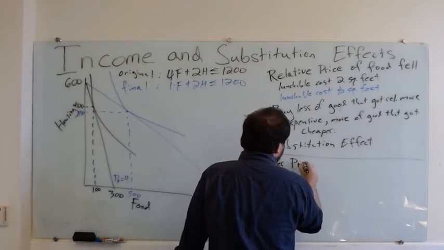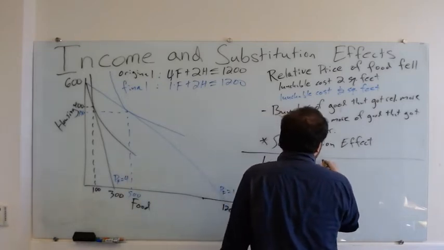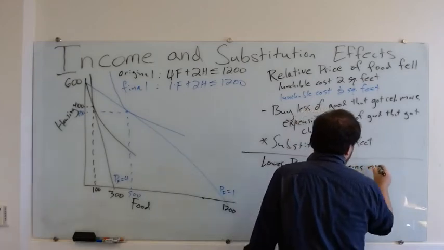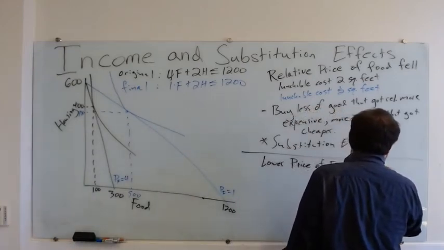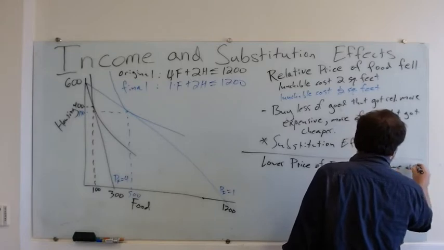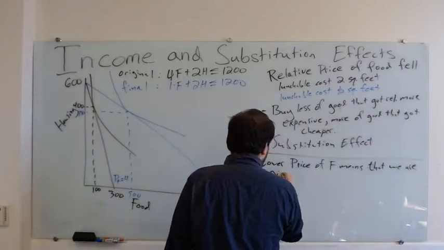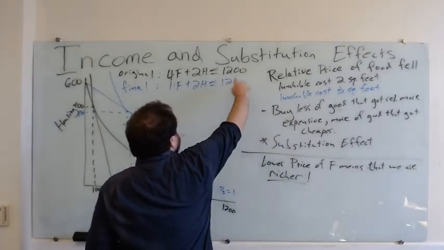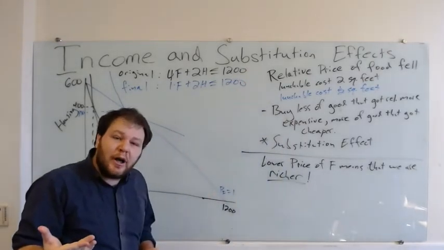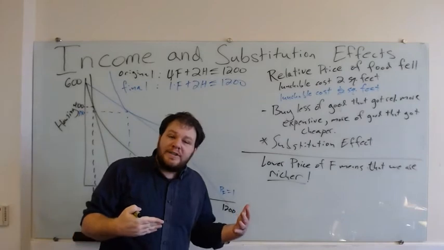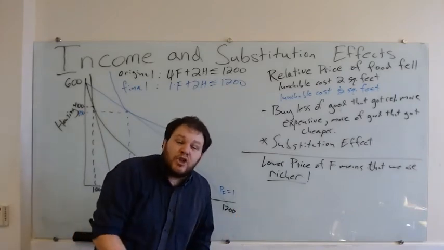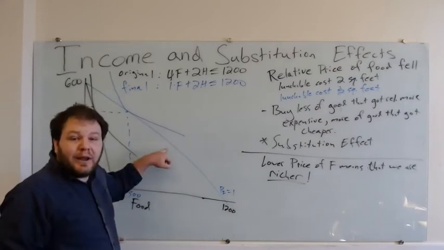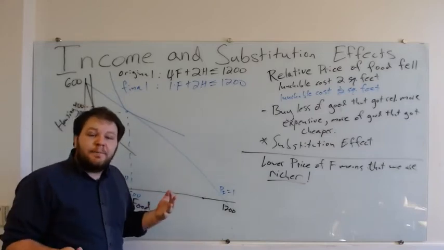So the lower price of food means that we're effectively richer. Right, and crucially, our dollar income didn't change at all. We had $1,200 before, we have $1,200 now, but we're still richer in a real sense because our purchasing power increased. We can buy more stuff.